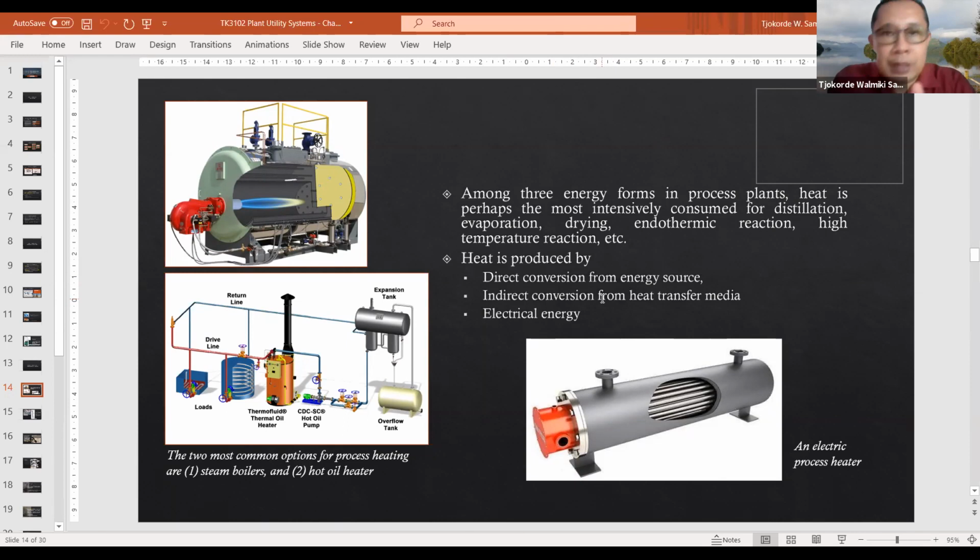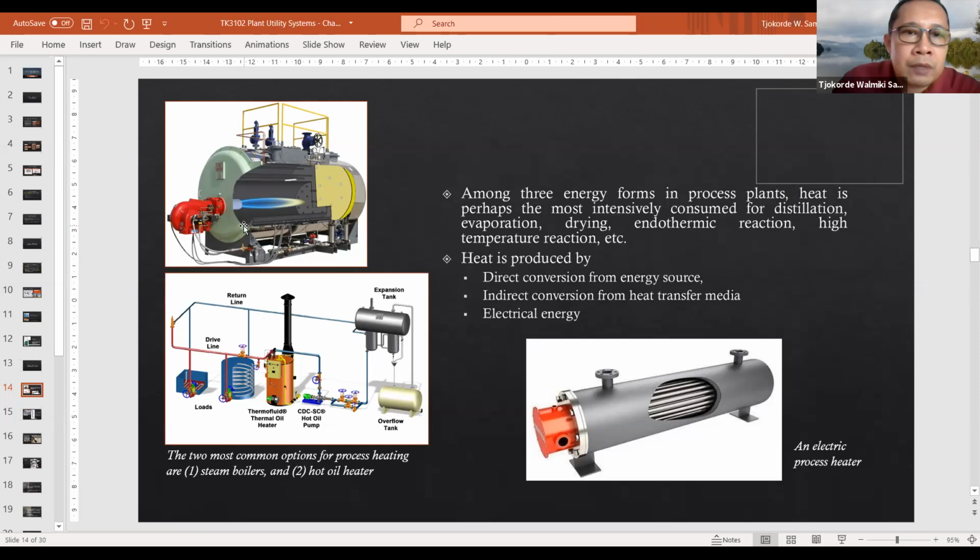Steam is a very good example of a heat transfer media. Other examples include hot oil and electrical energy. These are some visual examples of process heaters, which work by these principles.